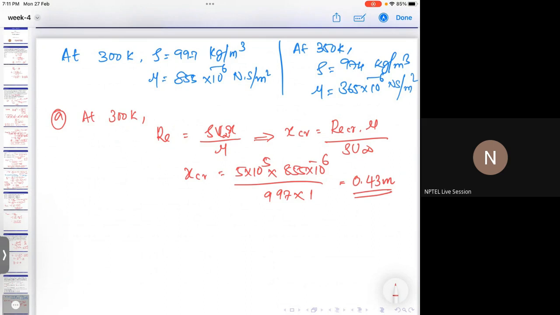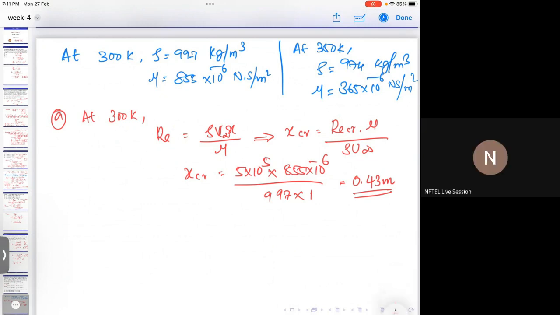Okay, so we have to accommodate for that. But sir, first we have to calculate the Reynolds number, whether the flow is turbulent or laminar. Isn't it that first we will be checking? Yeah, that's what we are doing, right? First, we are checking the critical Reynolds number. But sir, you have not calculated the Reynolds number.